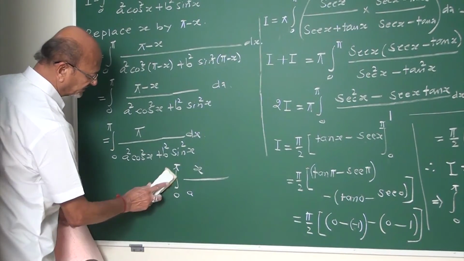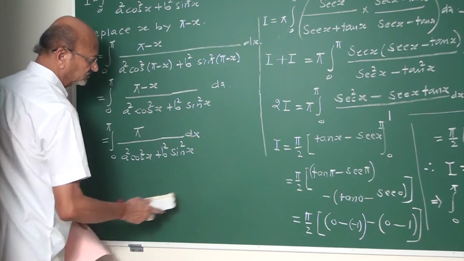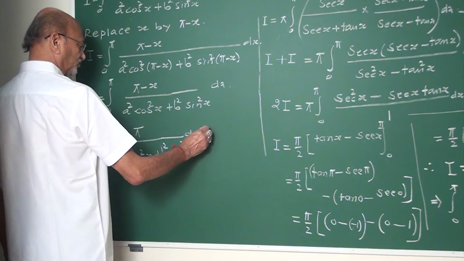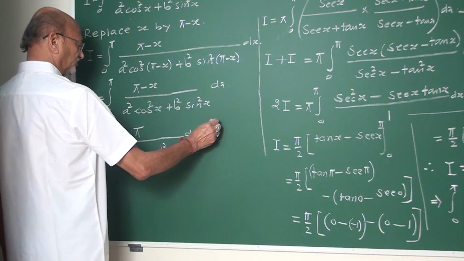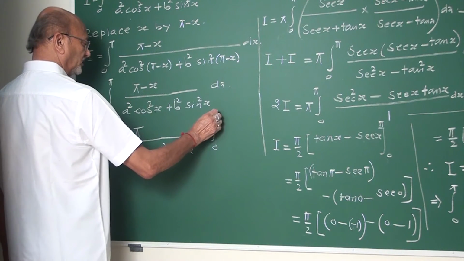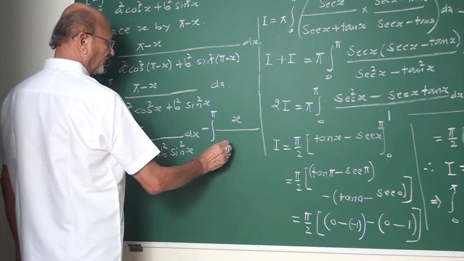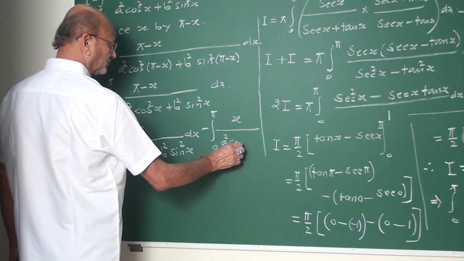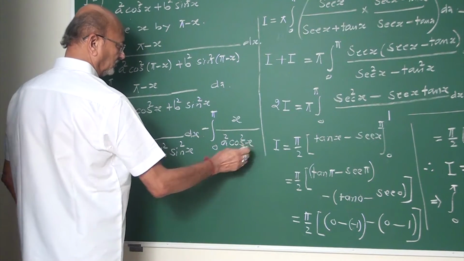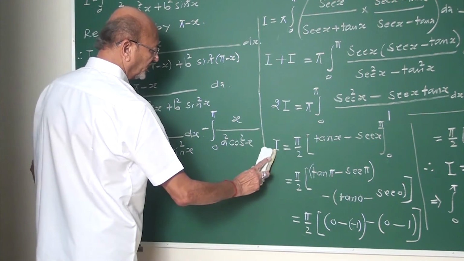This is minus integral 0 to pi, x upon a square cos square x plus b square sin square x dx.